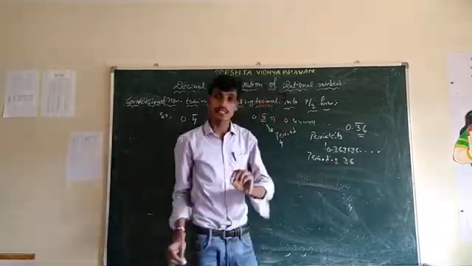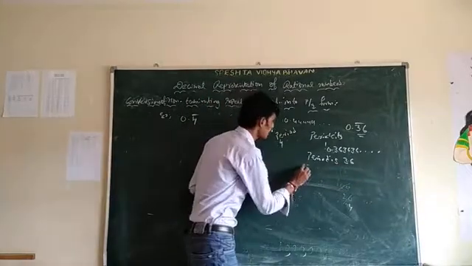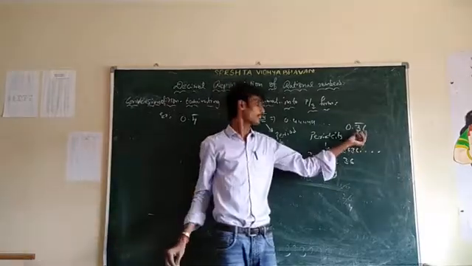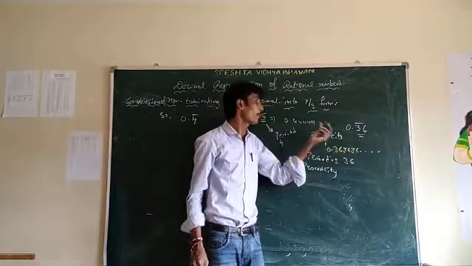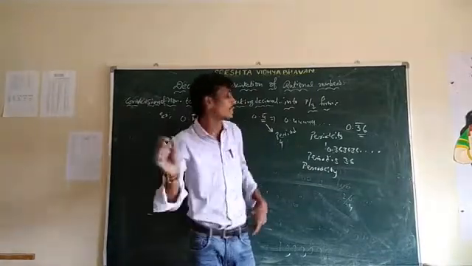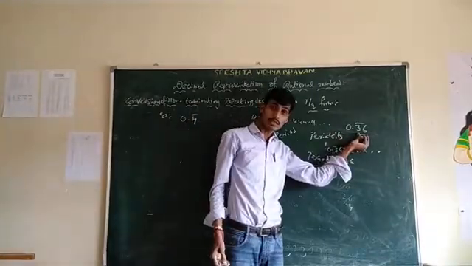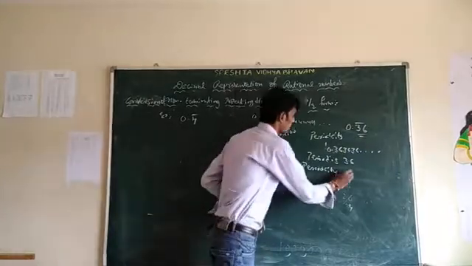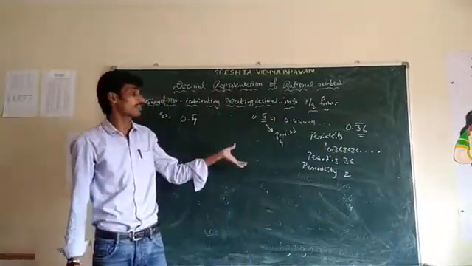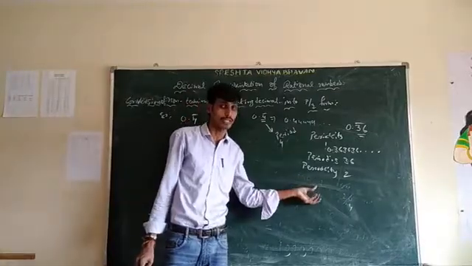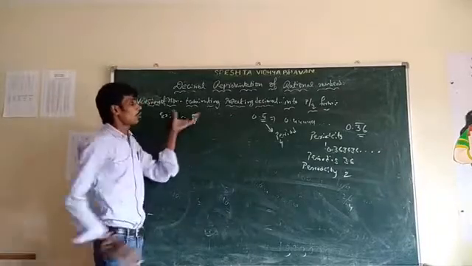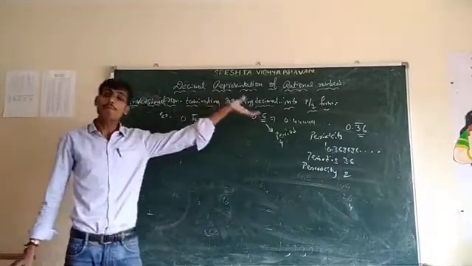What is the periodicity of this 0.36 bar? Periodicity means the number of digits. How many digits are there? 2 digits. That means the periodicity is 2. So why are we discussing the period and periodicity? Based on the periodicity, we convert a non-terminating repeating decimal into p by q form.